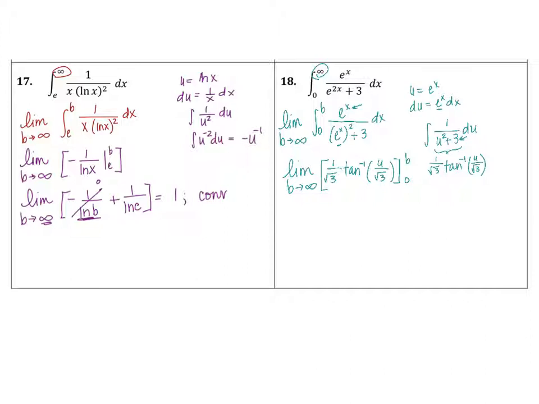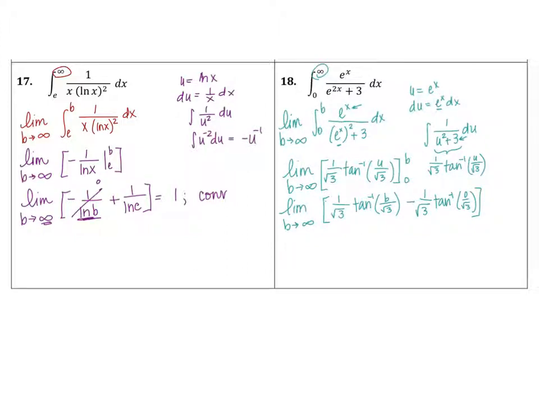So we have our limit as b approaches infinity of 1 over root 3 times inverse tangent of b over root 3, and then minus 1 over root 3 inverse tangent of 0 over root 3.